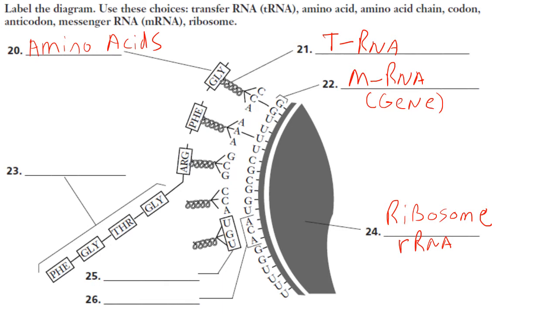So here we have parking spot ACA, or mRNA codon ACA. And the parking tag on this tRNA reads UGU, UGU being the anticodon.